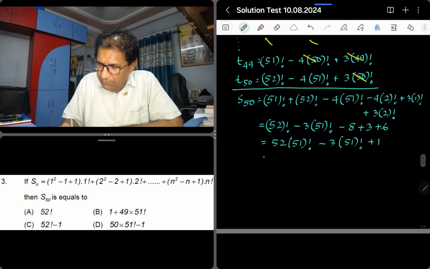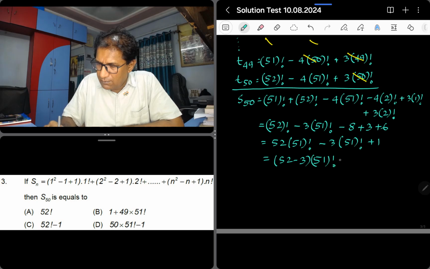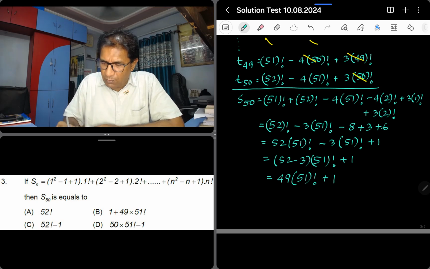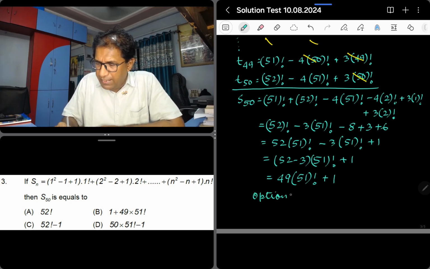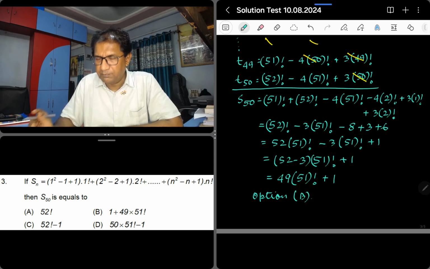So we are getting here, if I take 51 factorial common, so 49 into, hence option B is correct for this problem. Okay?